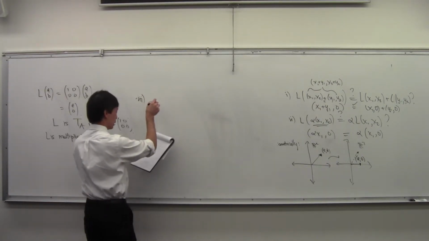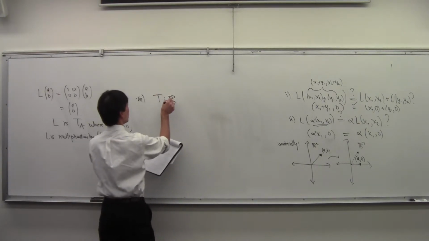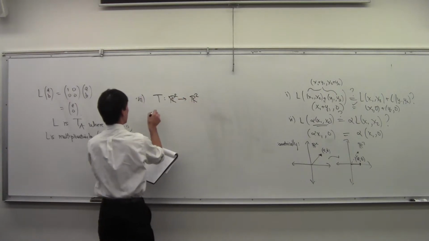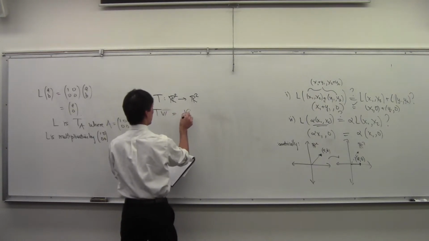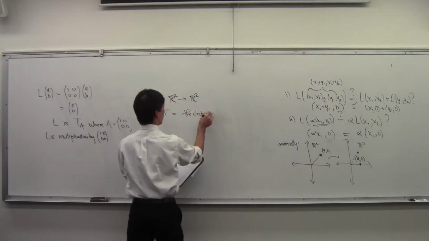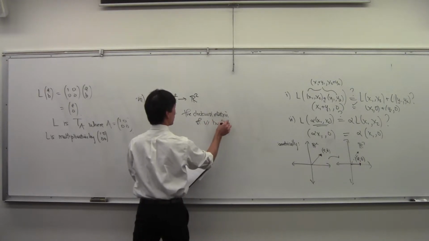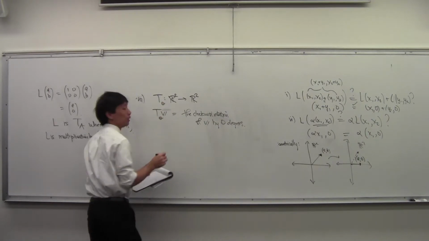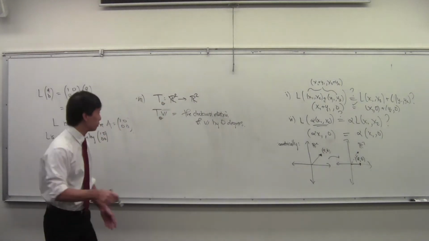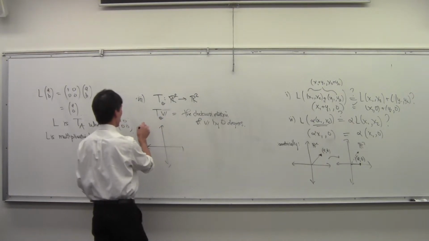Example number 3. Let's say that we're in R2, so T goes from R2 to R2, and T of the vector V we're going to define as the rotation of V by theta degrees. So let's call this T sub theta, where theta is some angle.